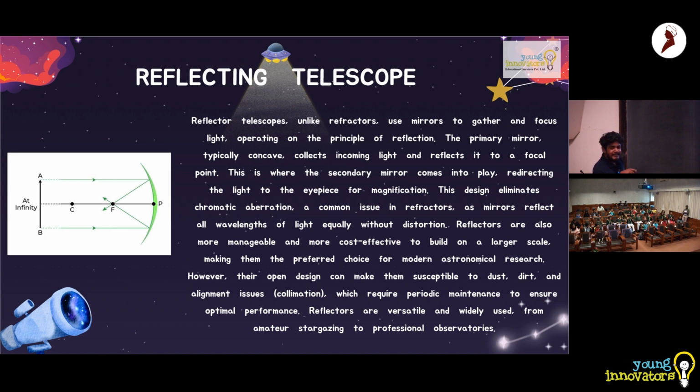In the case of mirrors, the one that is bulging inwards where the reflective surface is, that is what you call a concave mirror. Whatever bulges inward is a concave, whatever bulges outwards is a convex. Understood? Okay, fine. He modified the refractor telescope, and instead of lenses, he put mirrors.